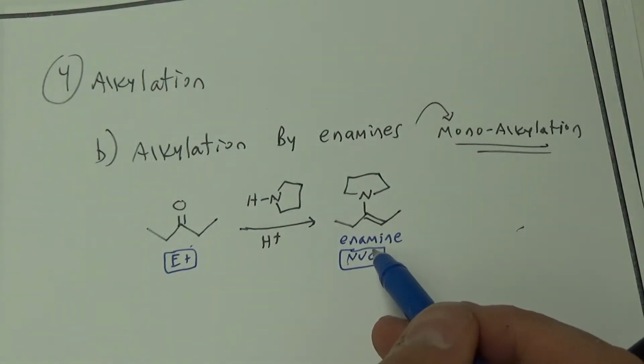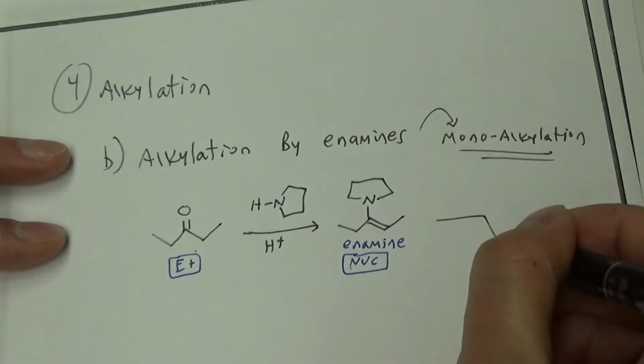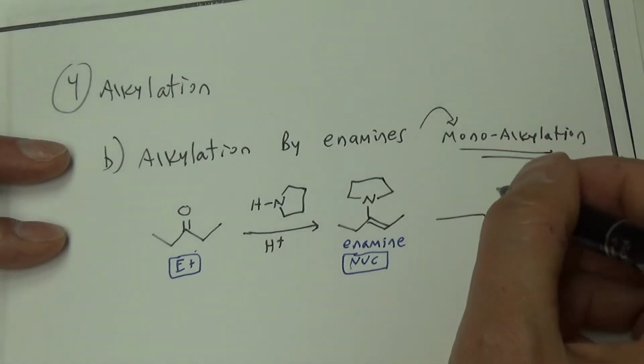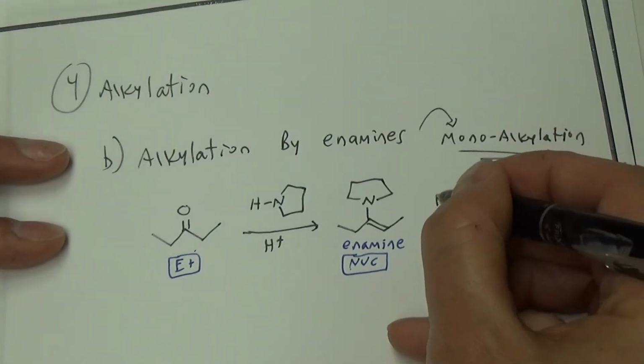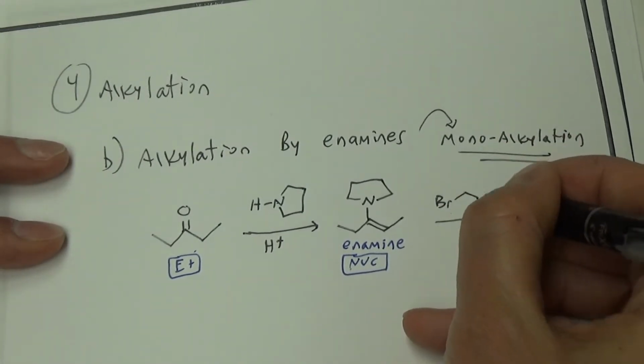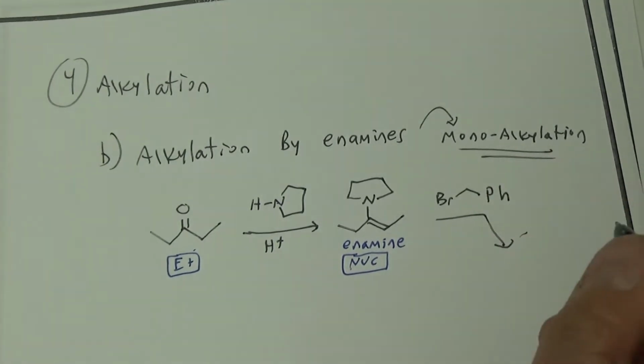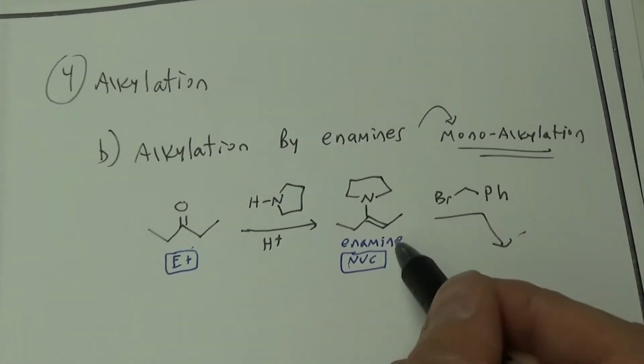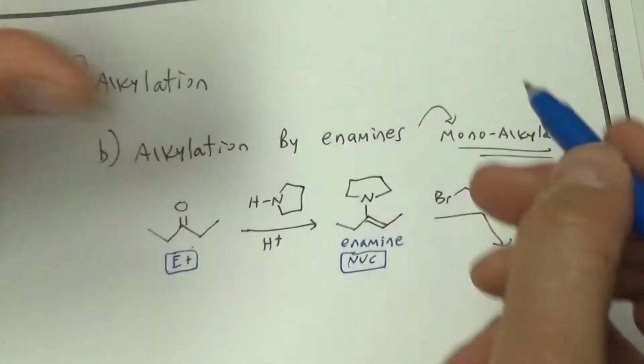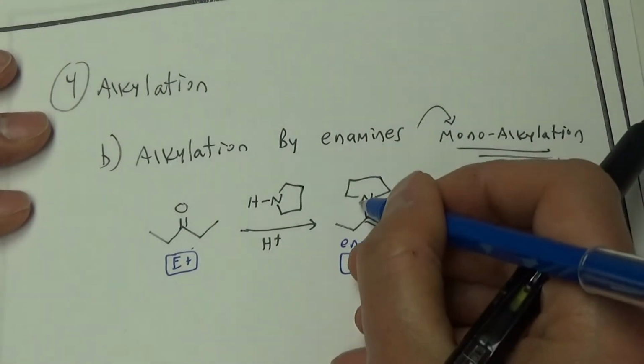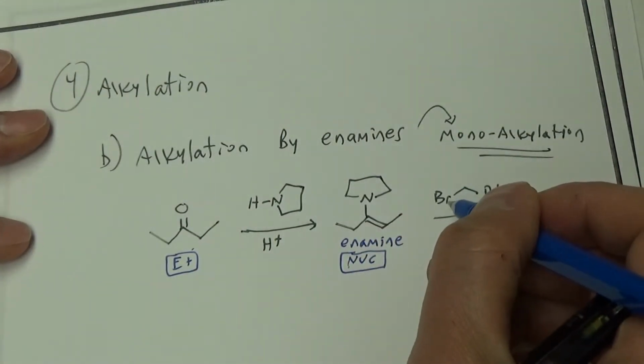And the nucleophile now reacts with, let's just pick an alkyl halide, like benzyl bromide. It's a nucleophile. It's going to attack that carbon and kick off the Br.